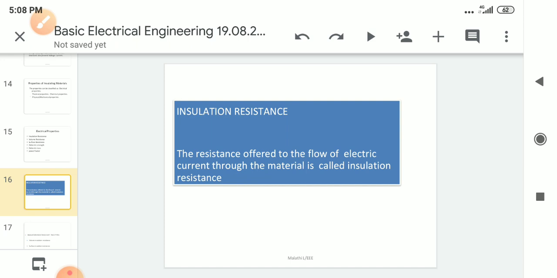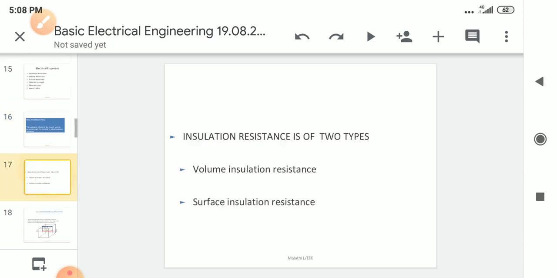To study this insulating material, we have to study its volume insulation resistance and surface insulation resistance also. The primary function of insulating material is to insulate electricity. Hence, these electrical properties are very important.